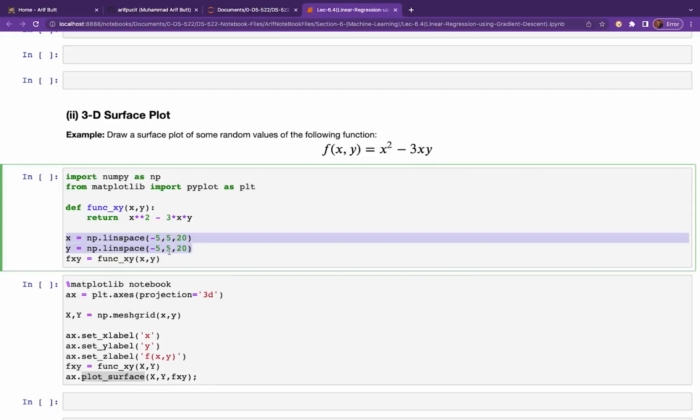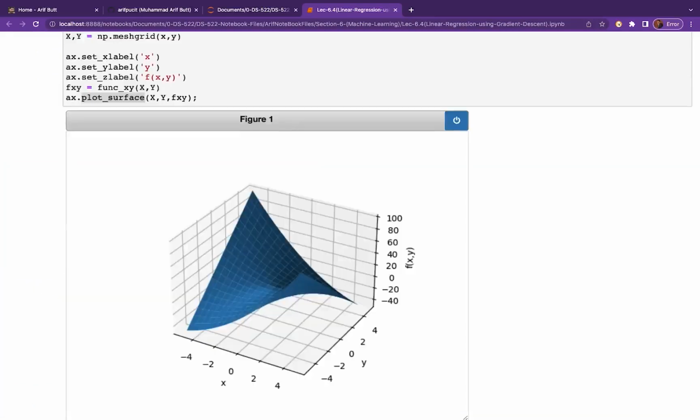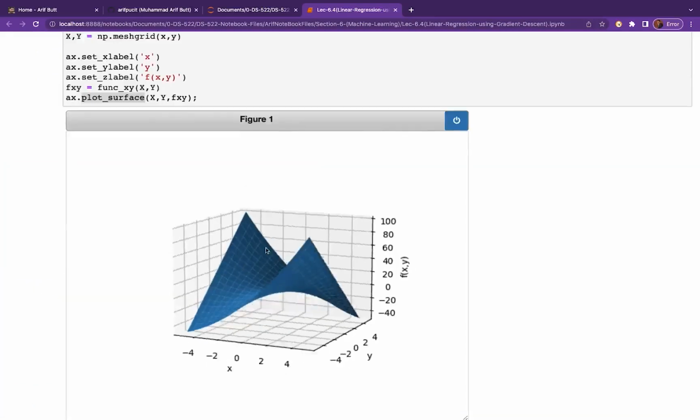And to create a grid of XY values, I have used the meshgrid method of NumPy. And finally, over here I have used the plot surface method to create a surface plot. Let me execute the code of these cells. Great.